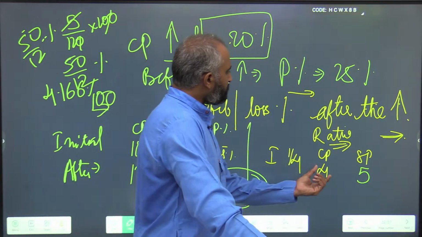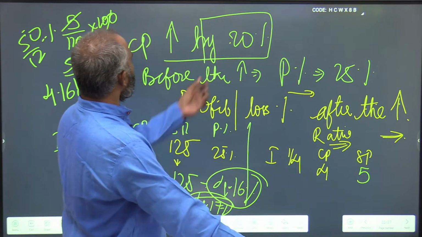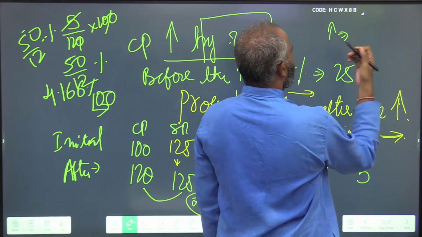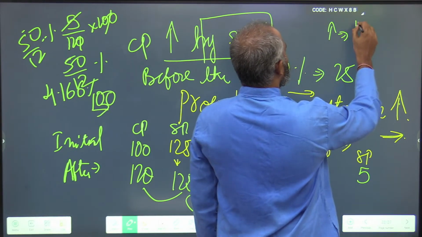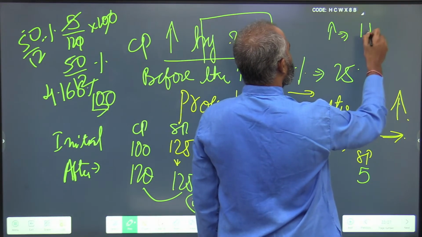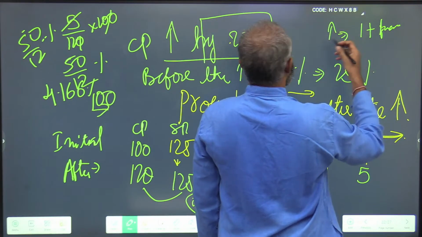Now the cost price has increased by 20%. What is the multiplication factor? Multiplication factor is always 1 plus the fraction.